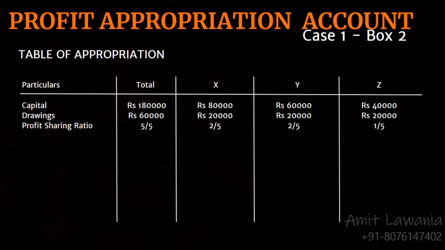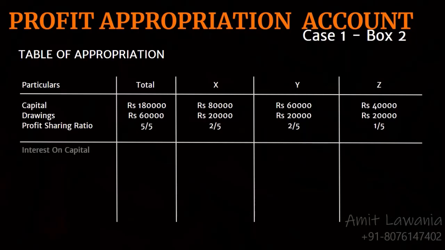Now these are the amounts that are not related to the profits, meaning that they are neither added nor subtracted from the profits. So we draw a line and now write down the adjustments that are made against the profit for appropriation. Number 1 is the interest on capital being allowed at 5%.